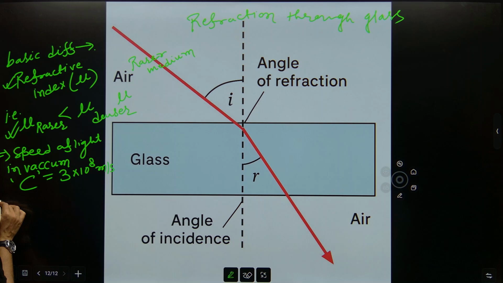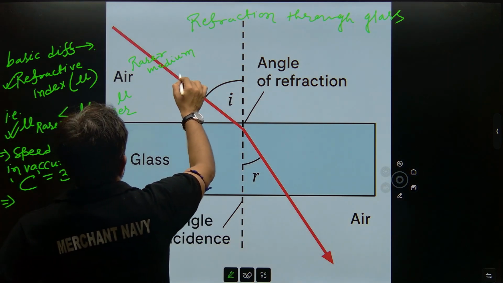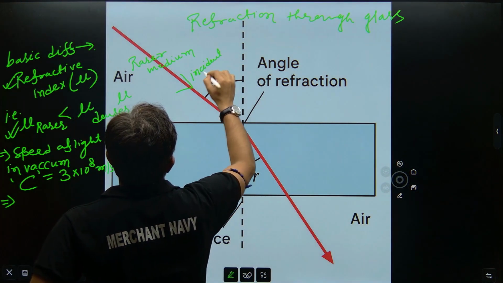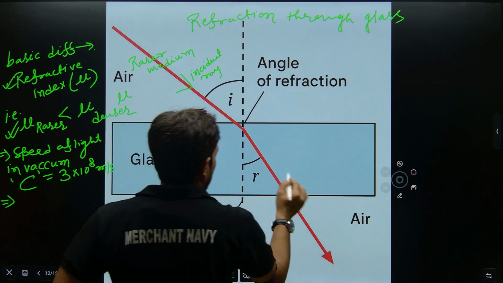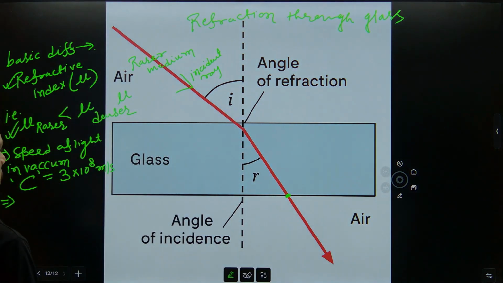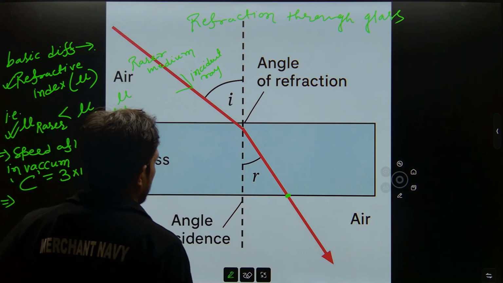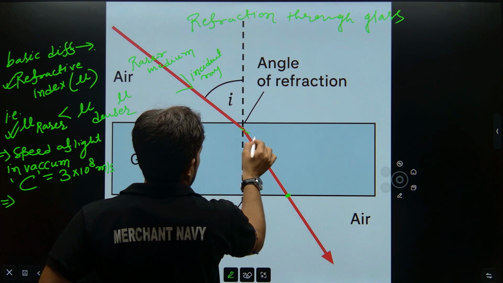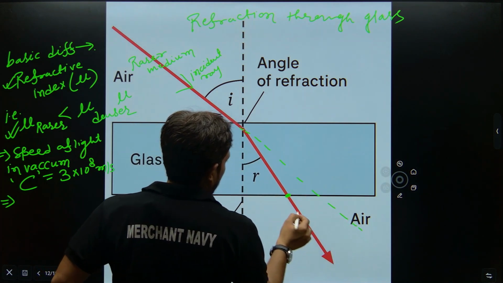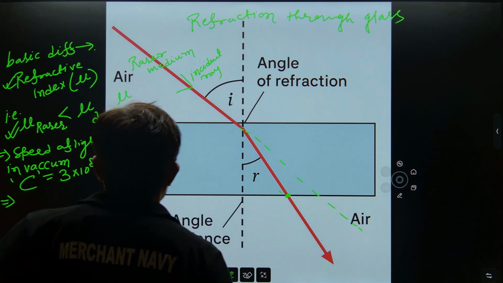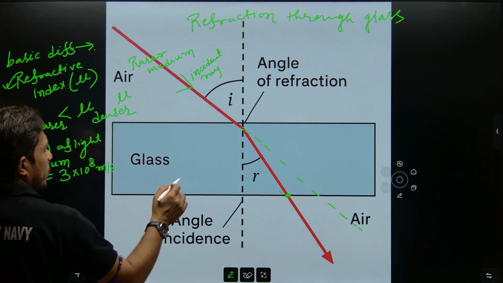So, this is the incident ray. Its ray passes directly from here, but it is not a clear figure. It should move here, but it is not drawn that way.